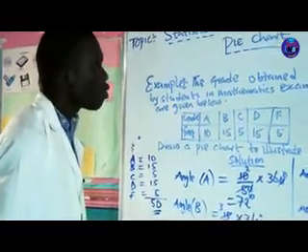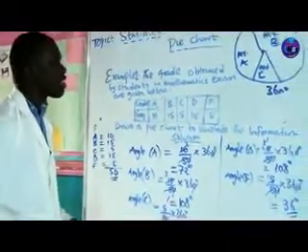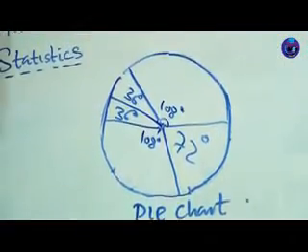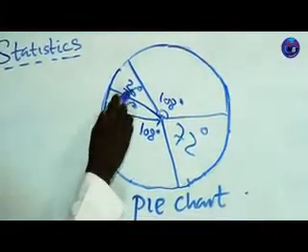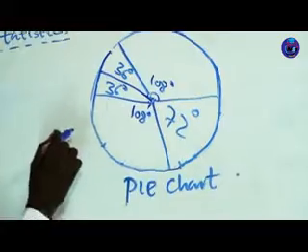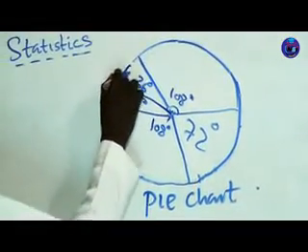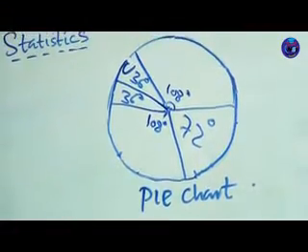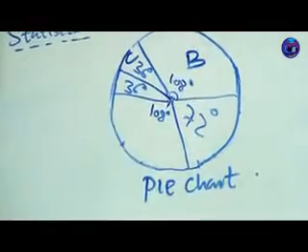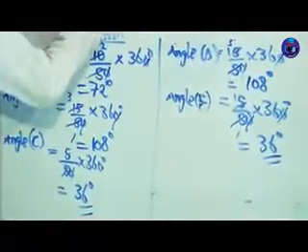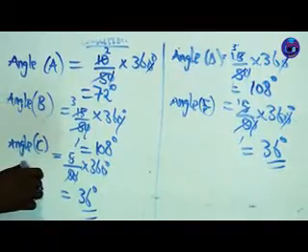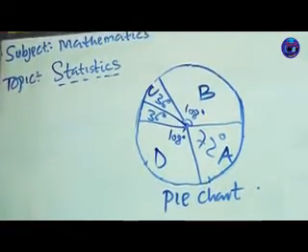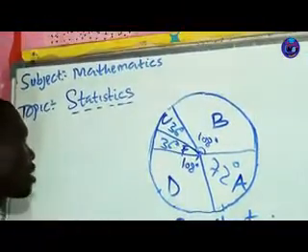So now we want to draw a pie chart for this information. To illustrate this on the pie chart, we have 36 degrees here, which is for C. Okay, we have 108 degrees here, which is for B. Then we have another 108 degrees, which is for D. Then for 72 we have A, and for F we have 36 degrees.